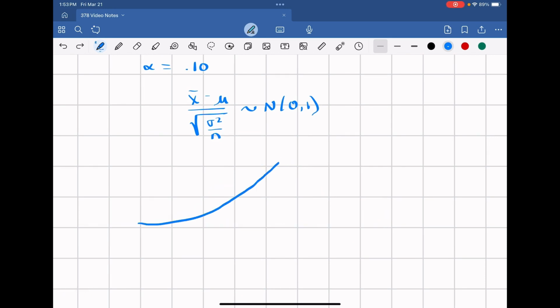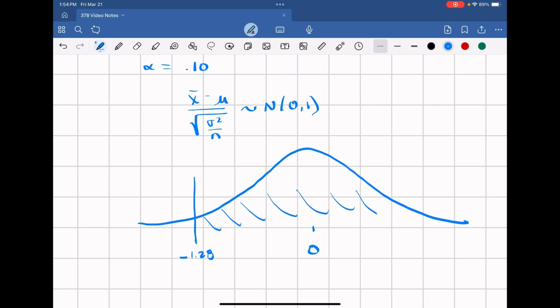Now we can draw out this normal distribution, which is centered around 0, the difference between X bar and mu, and set up our rejection region based on that same negative 1.28. It's building off the same notion as the confidence interval, that 90% of our data is over here, and alpha is equal to 0.10, which is this area to the left. Now I can calculate my critical value.